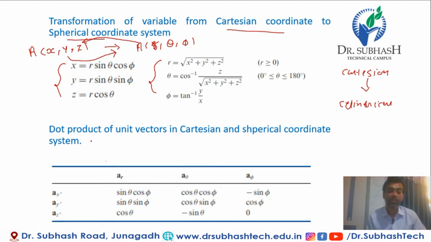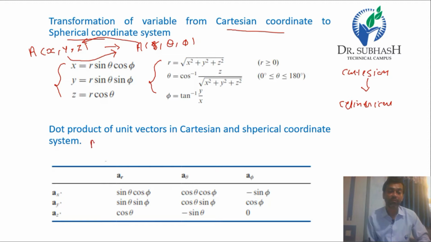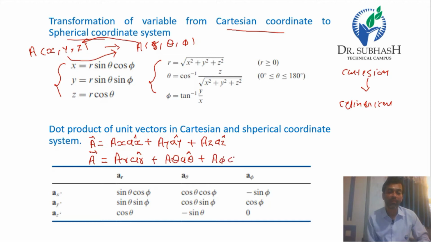Now, when you are transforming a vector from one coordinate system to another, suppose you have a vector A, represented by ax plus ay plus az directions, and you transform this vector to the spherical coordinate system, meaning in general Ar in the ar direction plus A theta in the a theta direction plus A phi in the a phi direction.